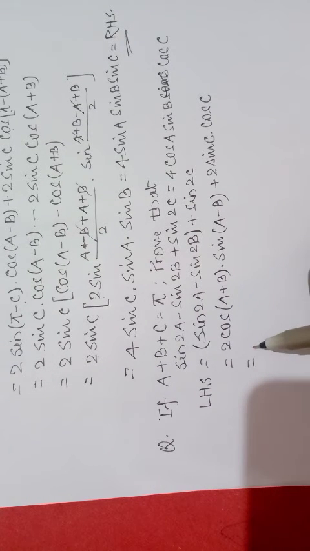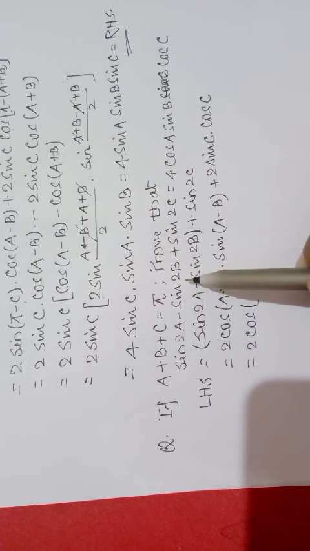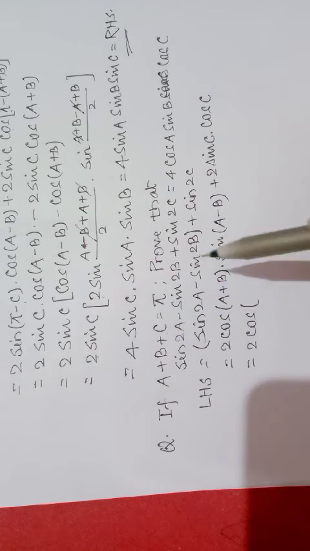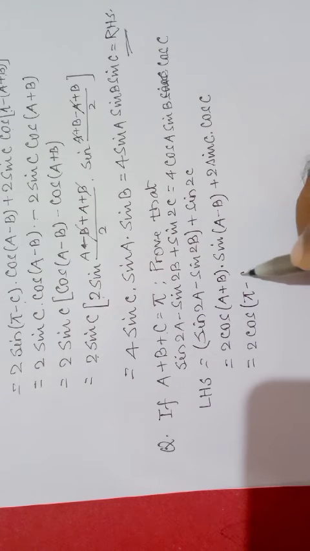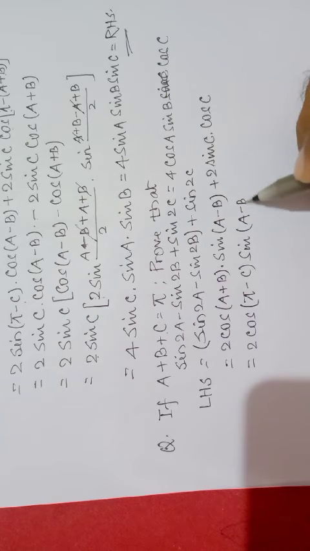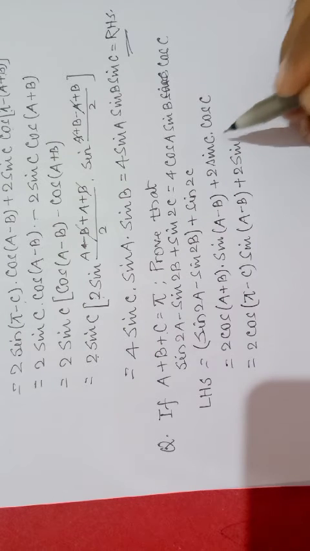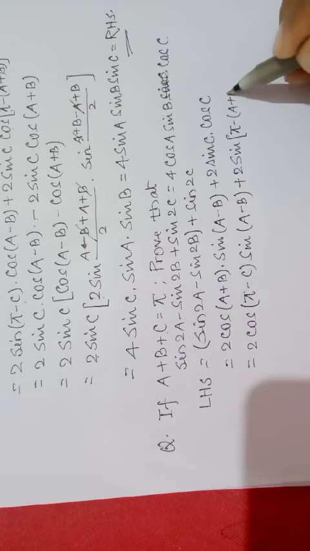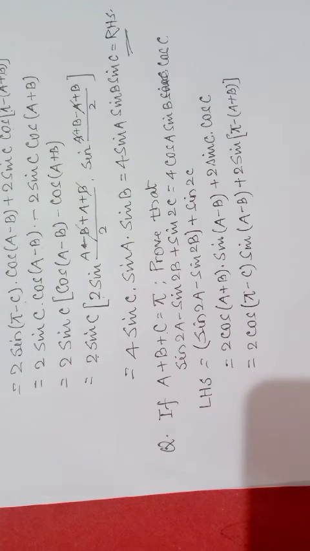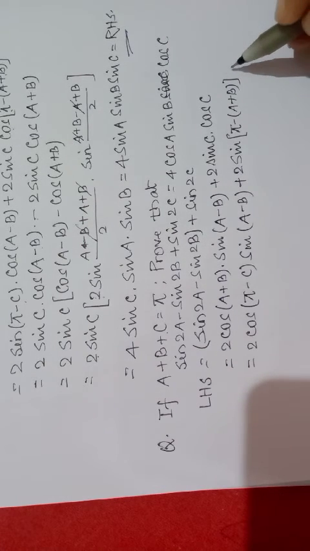Now here, A plus B in the same way should be written as pi minus C. This is sine A minus B. Here I am going to convert sine C. C means pi minus (A plus B), according to the given condition, and cos C is already here.